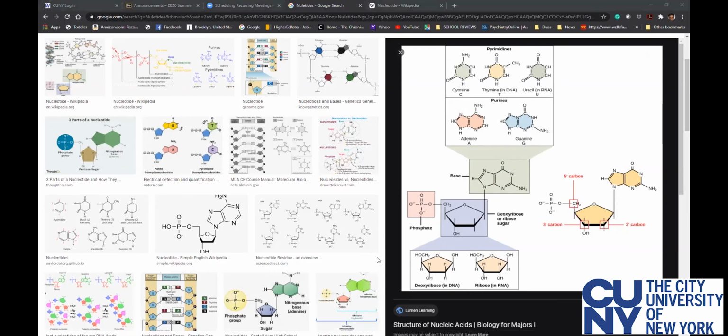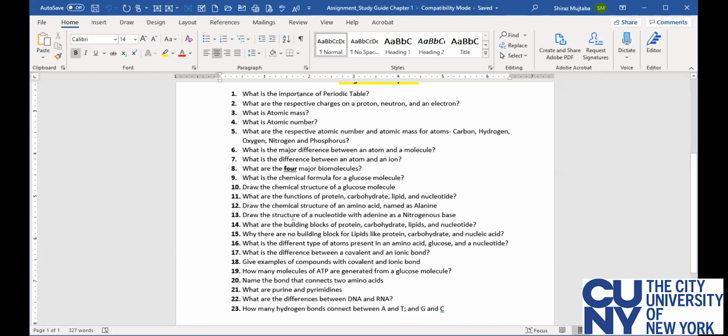So let's go to the next question. So I went in detail: draw the structure of nucleotide with adenine as its nitrogenous base. Now this I mentioned to you before, what are the building blocks of protein? Amino acid. What are the building blocks of carbohydrate? Glucose.